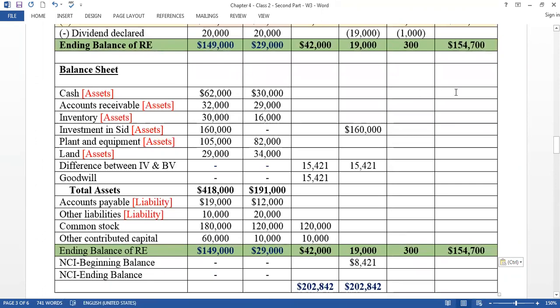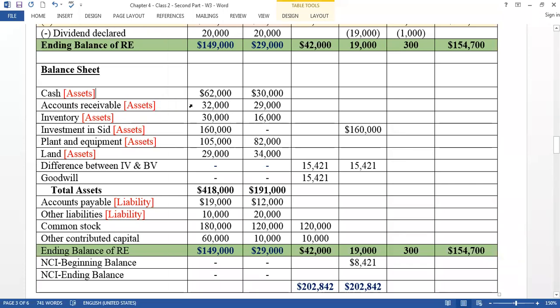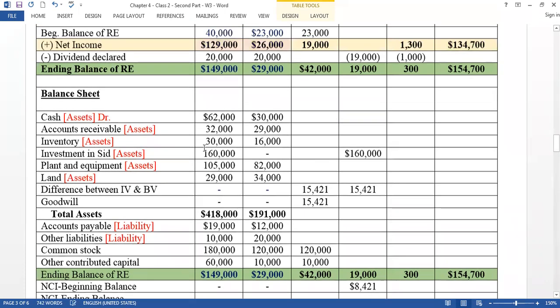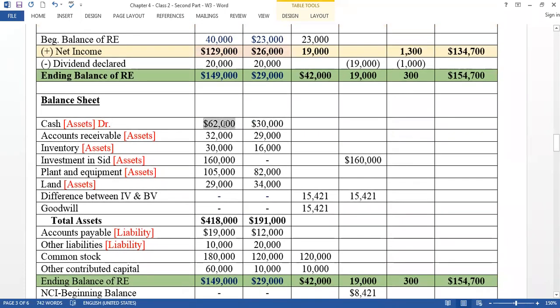Cash, again. This is our balance sheet, and we know that the cash normal balance is debit. So this is the parent company's cash, and this is the subsidiary company's cash.